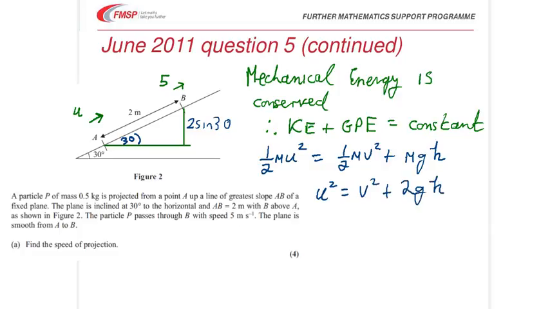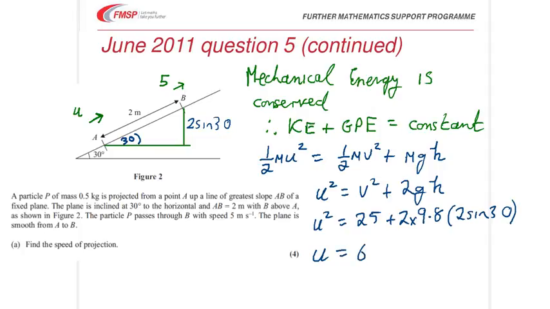Now we know v squared, so I can put that in. u squared equals 25 plus 2 times 9.8, and the vertical height difference between A and B, as you'll see from the triangle I've drawn on the diagram, is 2 sine 30. So now just push the buttons on your calculator and you'll find that u comes to 6.7 meters per second. That's the initial speed at the bottom of the plane.